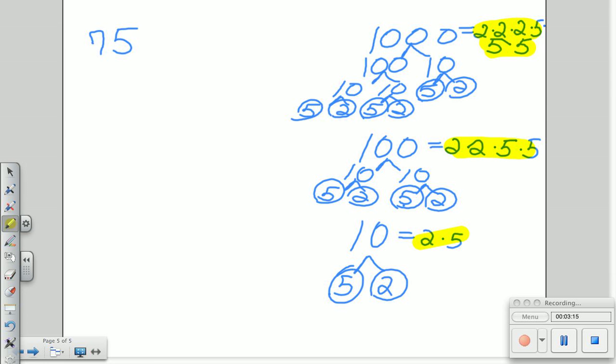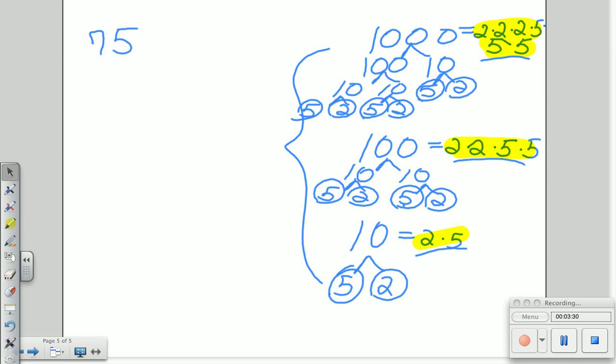I would definitely recommend memorizing this pattern because it'll save you from making all of these factor trees. You can just memorize the prime factorizations for 10, 100, and 1,000.